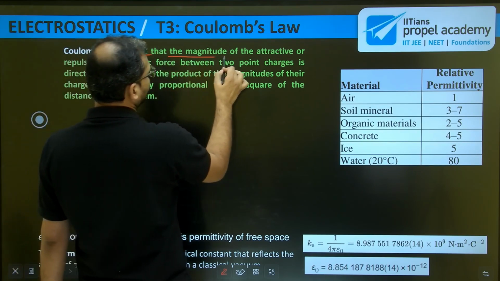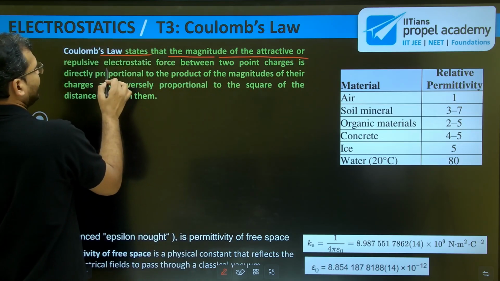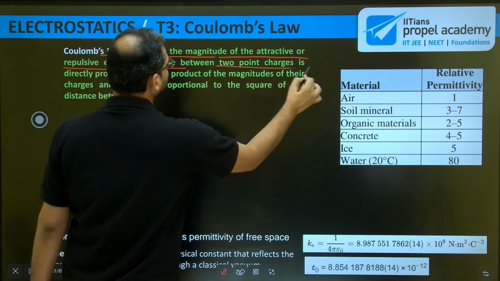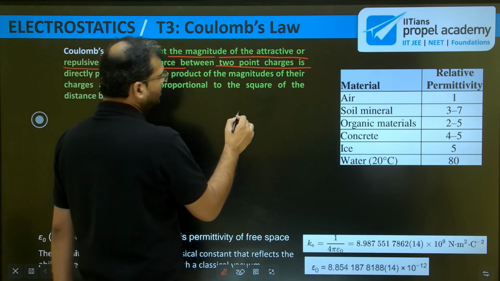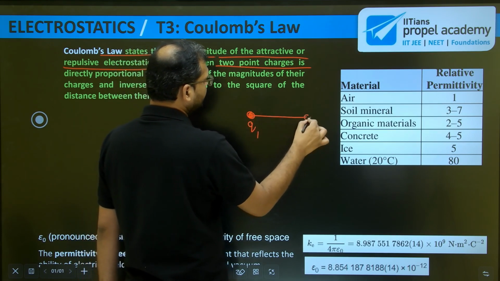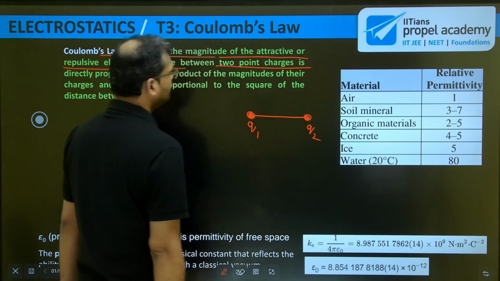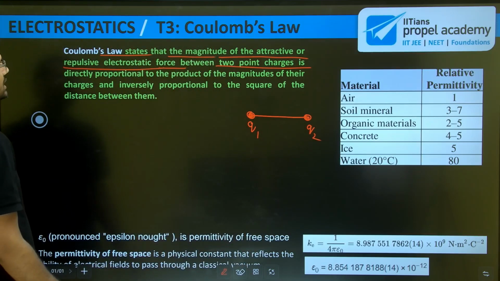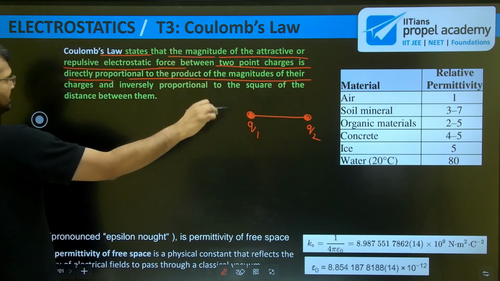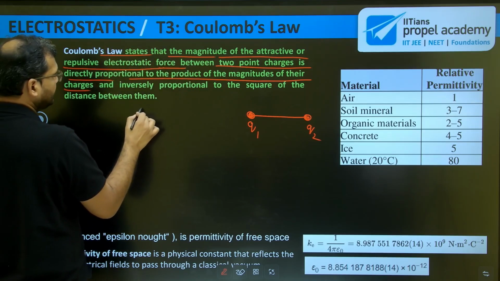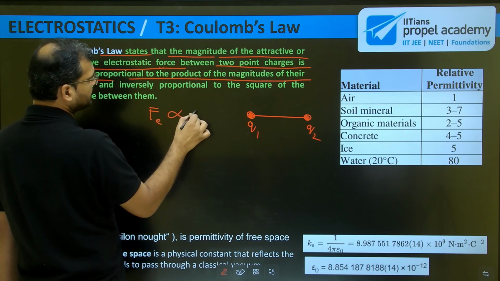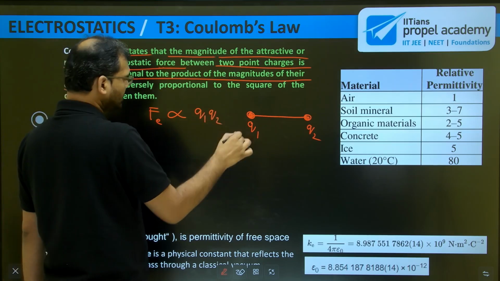Coulomb's law states that the magnitude of the attractive or repulsive electrostatic force between two point charges, let us say point charge Q1 here and another point charge Q2 here, is directly proportional to the product of the magnitudes of their charges, which means F electric is directly proportional to Q1 into Q2.